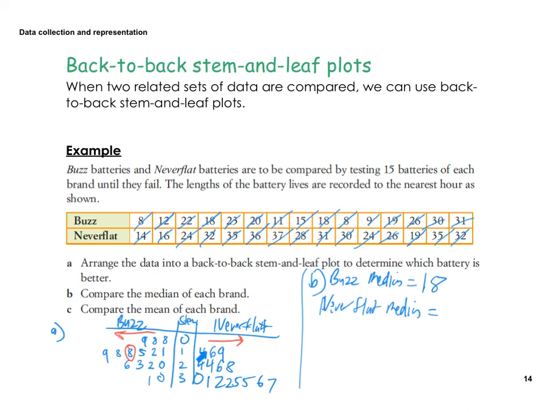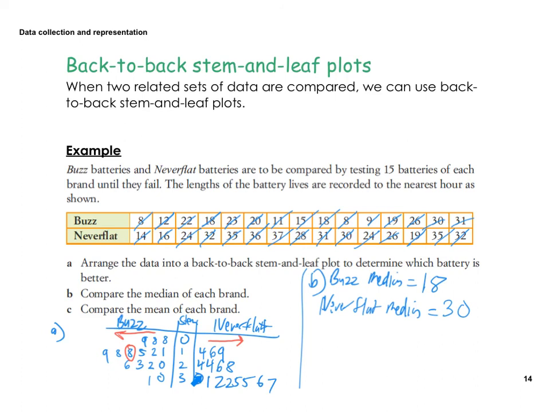So 1, 2, 3, 4, 5, 6, 7, 8. So our median is 30. You can also double check by counting backwards as well. So 1, 2, 3, 4, 5, 6, 7, 8. So that's definitely our median.